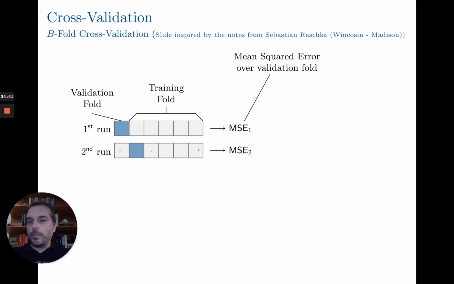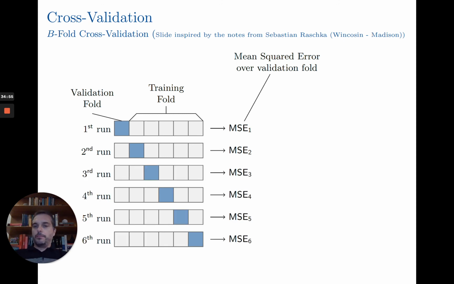We estimate the model in the gray folds, and we test in the second one, the blue fold. And then we compute the MSE. We do the same thing for the rest. So here we divide into 6 folds, we have 6 runs.